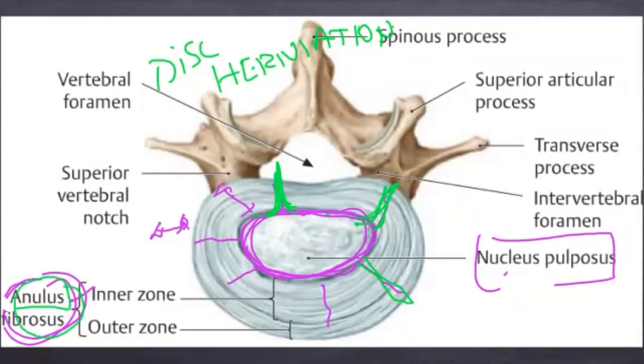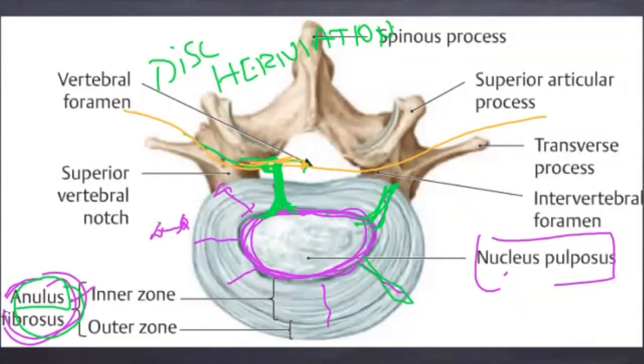When this occurs, this is the intervertebral foramina where spinal nerves are emerging. When this nucleus pulposus herniates, it exerts pressure on spinal nerves.